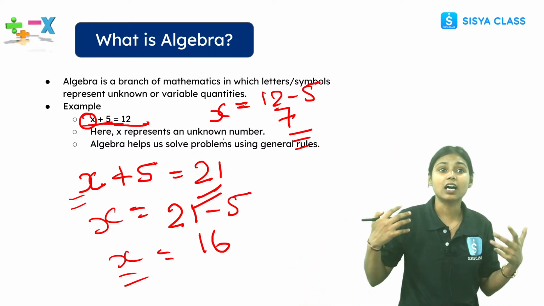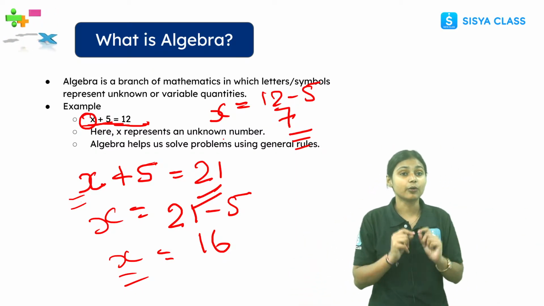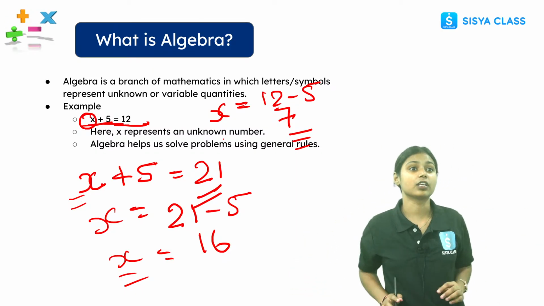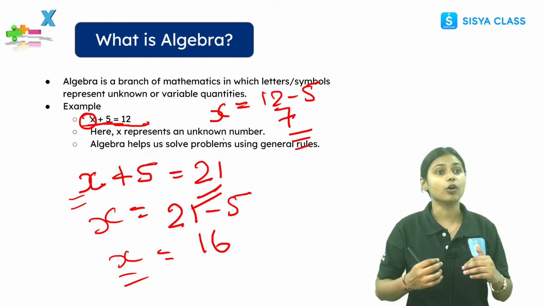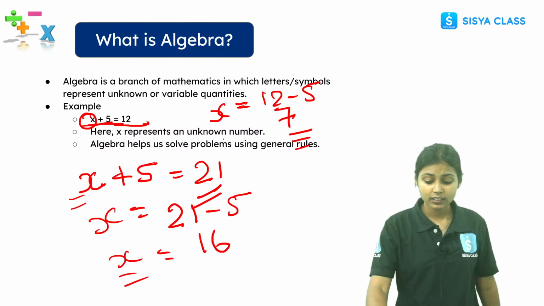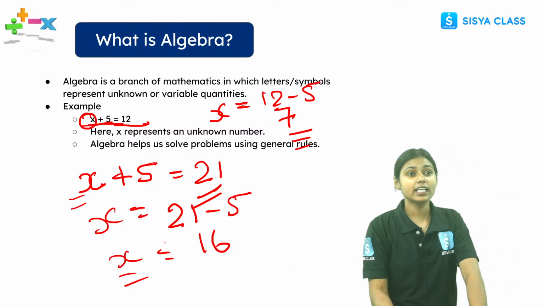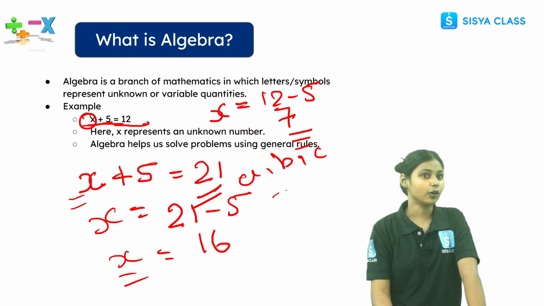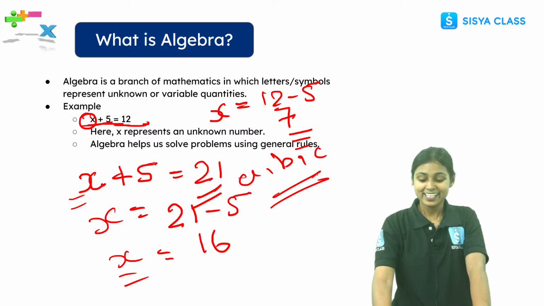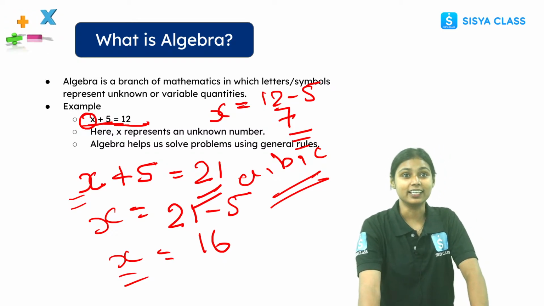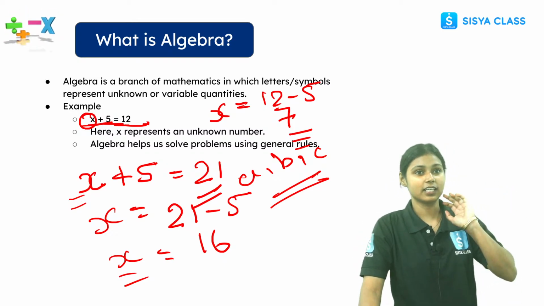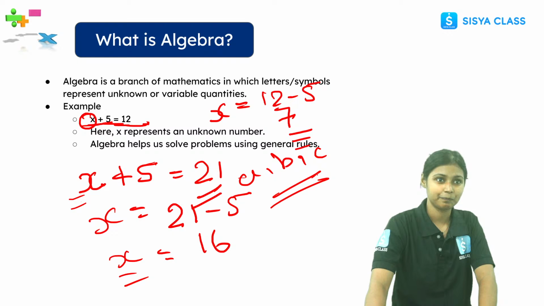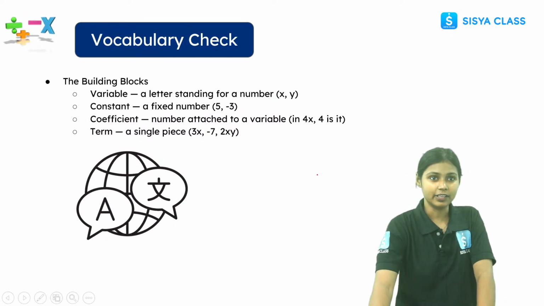In that case, we find the value of x by using the other 2 values we already have. In place of x, we can use A, B, C, D, whatever you want. You have 26 letters in the alphabet, so you can use any one of them to represent variables.